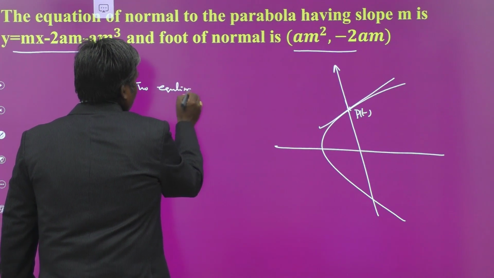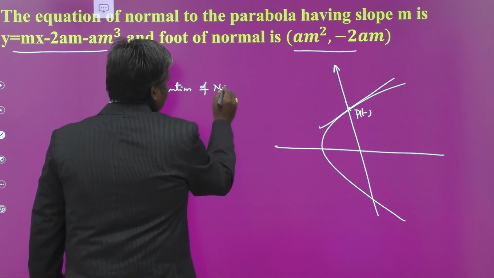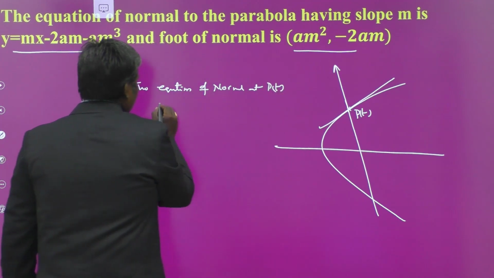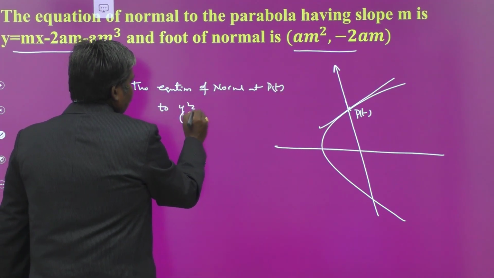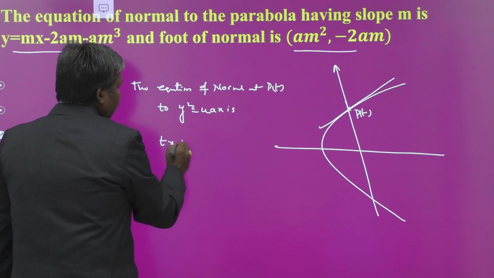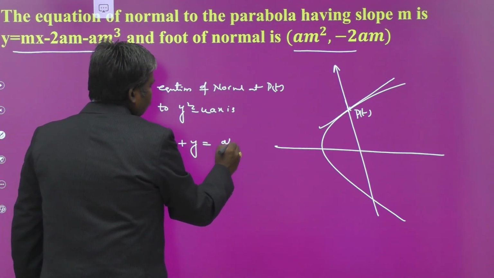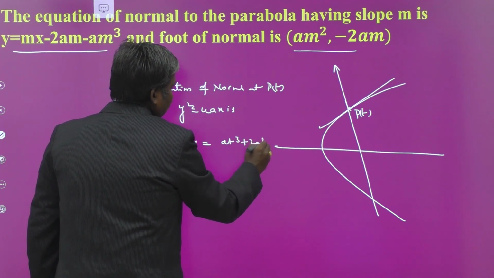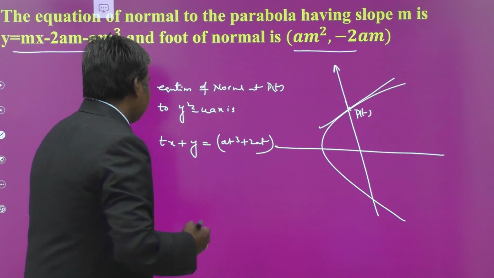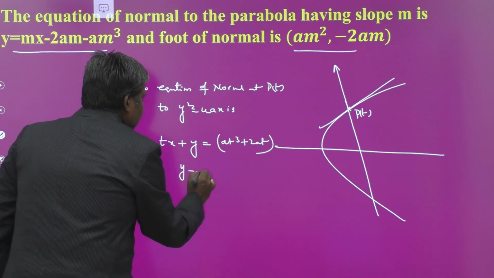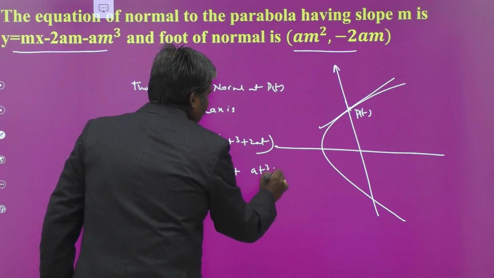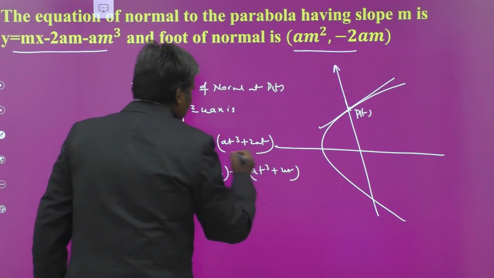The equation of normal at P of t to y square equal to 4ax is tx plus y equal to at cube plus 2at. This is the normal at t. This can be written as y is equal to minus tx plus at cube plus 2at. Am I correct or not?